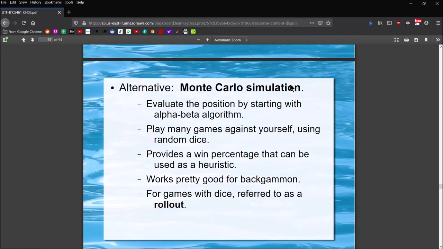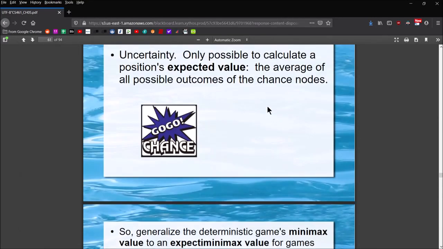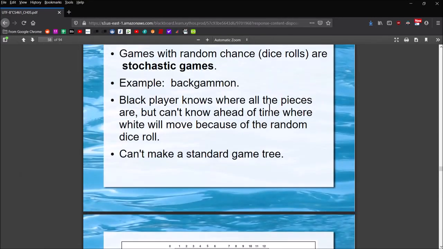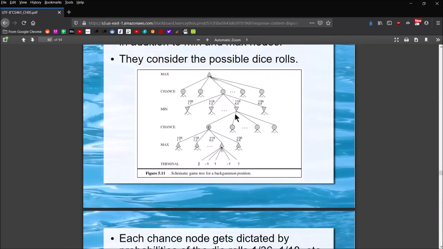So again, just to summarize, for stochastic games you have to modify the Minimax algorithm, and you have to take die rolls into consideration. The way you do that is by adding chance nodes, and these chance nodes can generate positions that men could take and the odds that they're going to take them, and you weight each position based off an expected value, taking into consideration a chain of die rolls and probabilities.